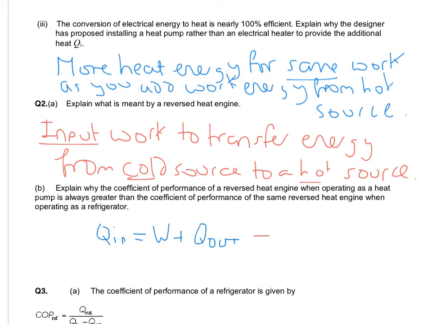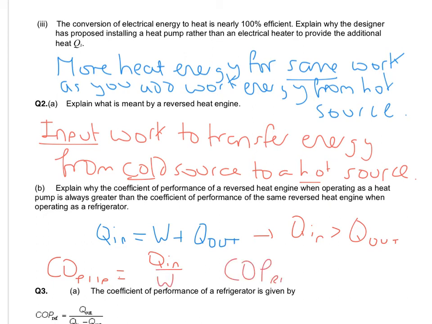So what we can determine from here is that Q in is always greater than Q out because it's essentially got the work added to it. So the coefficient of performance of a heat pump is going to be Q in over W. The coefficient of performance of a refrigerator is Q out over the work.